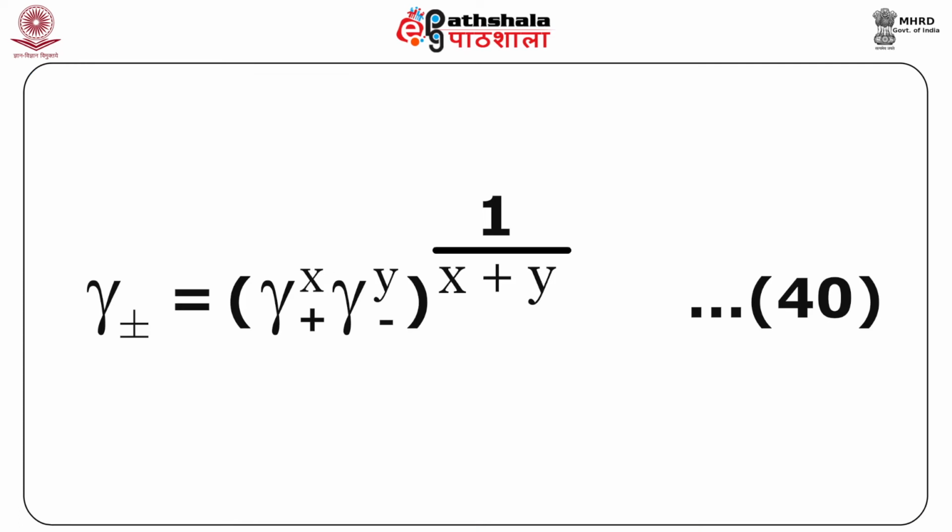Mathematically, it is given as gamma plus-minus equals gamma plus to the power x, gamma minus to the power y, raised to the power 1 upon x plus y, as our equation 40, where gamma plus and gamma minus are the activity coefficients of the cation and anion respectively.